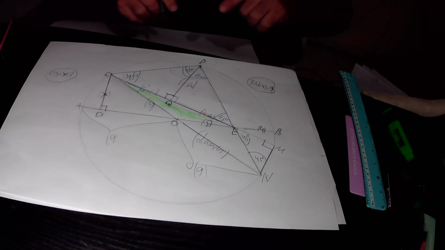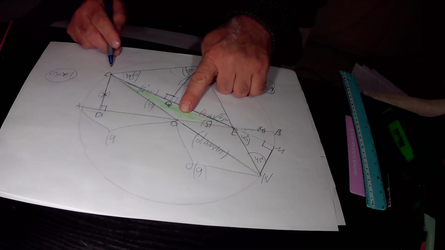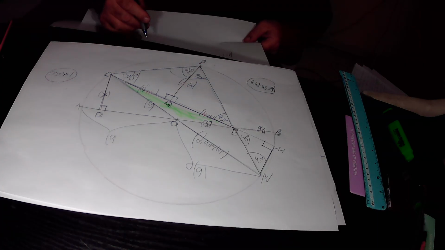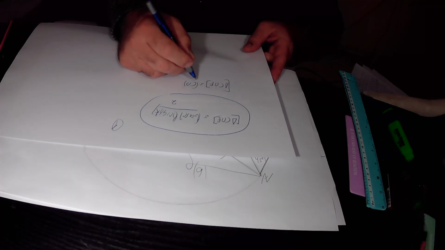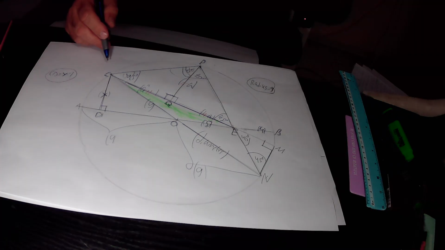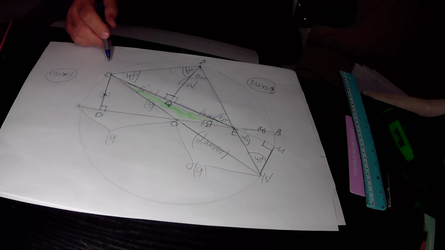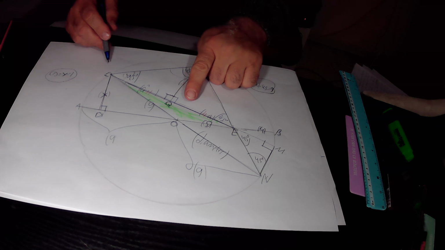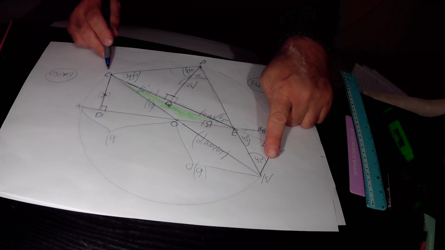We choose the base as CO, times the height. But again, the height must create 90 degrees with the base. You can say also that the height must create 90 degrees with the extended base. The extended base CO is CN. So the height must create 90 degrees with CN.